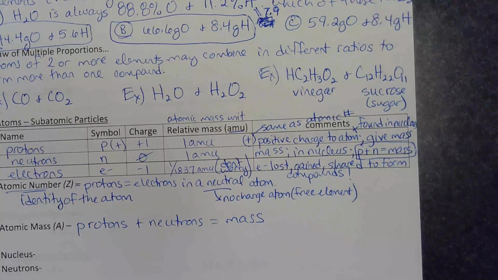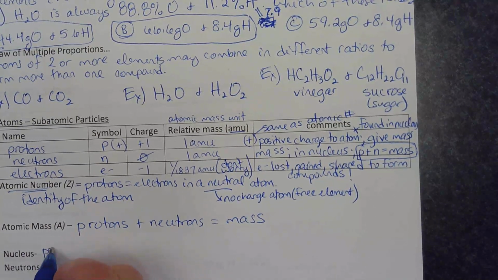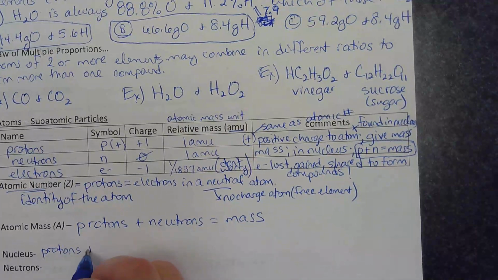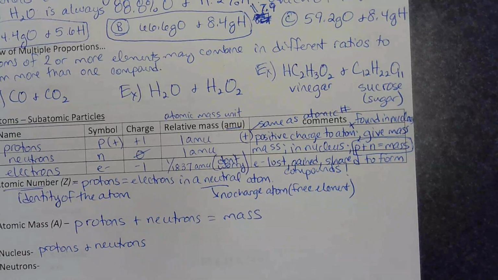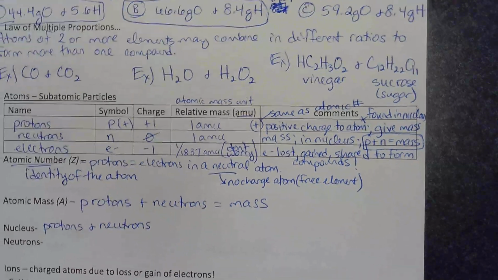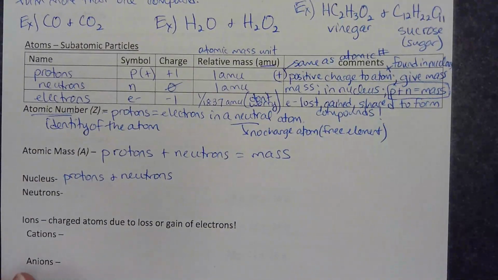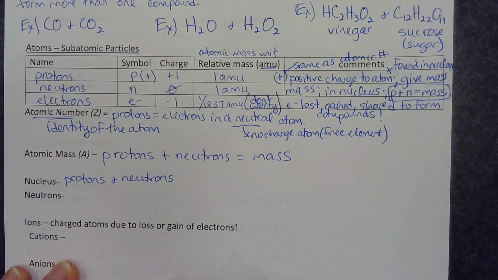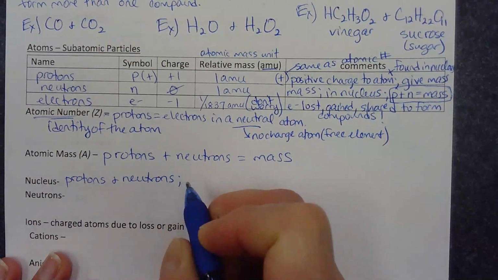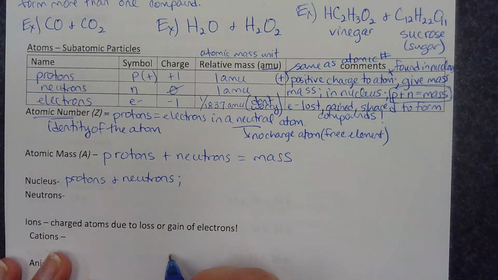What's in the nucleus of the atom? Protons and neutrons are located in the nucleus. Tell me a little bit else about the nucleus. If protons and neutrons are located there, tell me what else you know about it. What charge does it have?